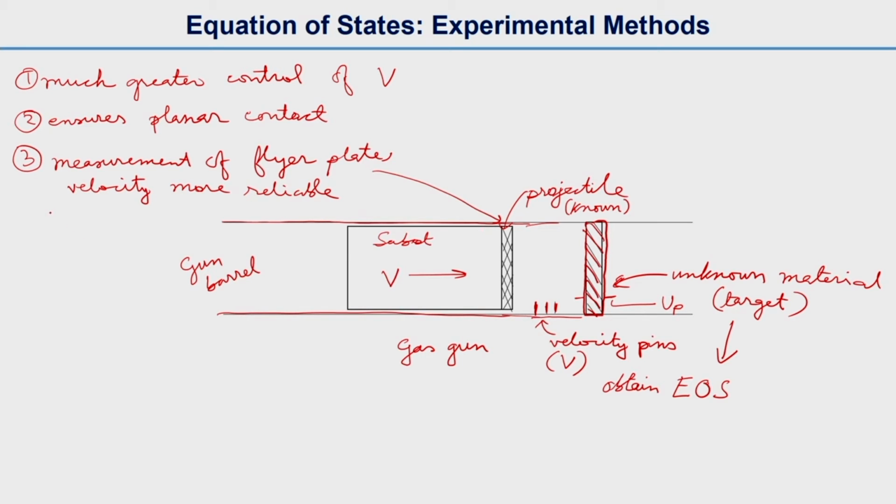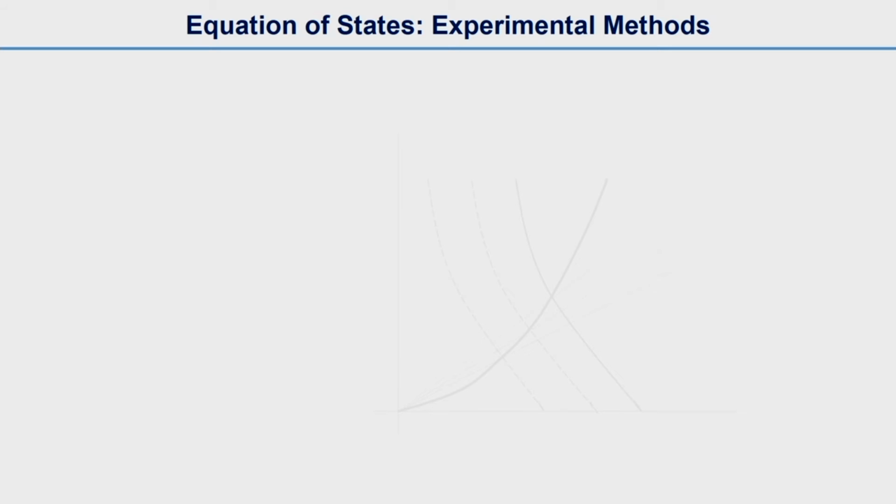And then we will use the impedance matching technique after this experiment. This experiment will give us the particle velocity and the wave velocity. Earlier we discussed that matching technique.